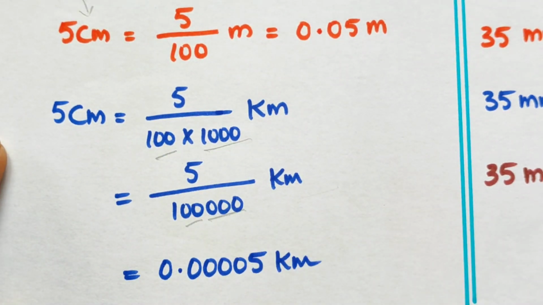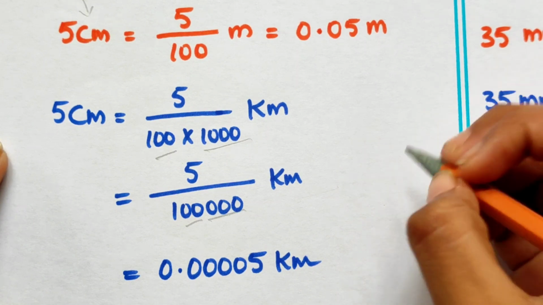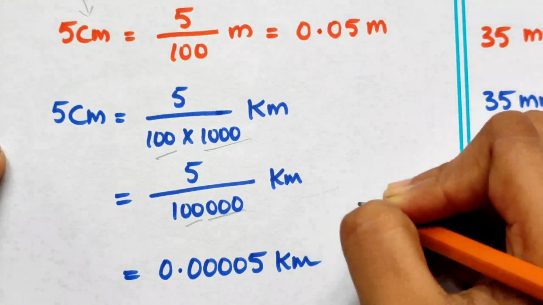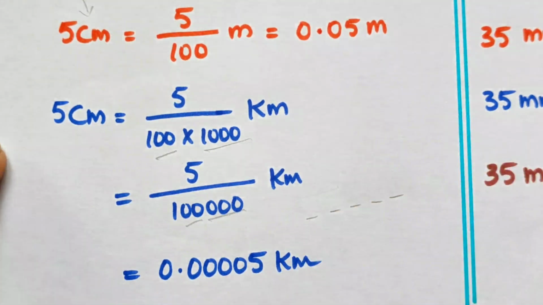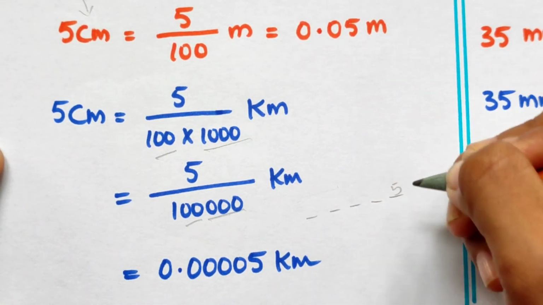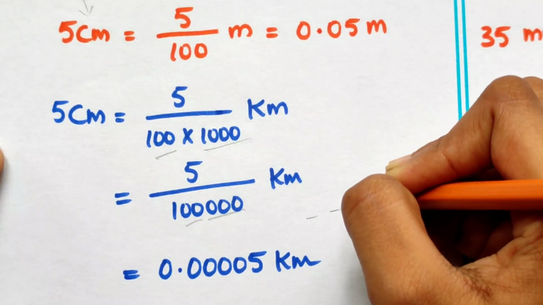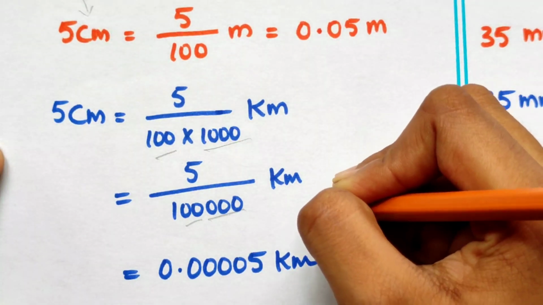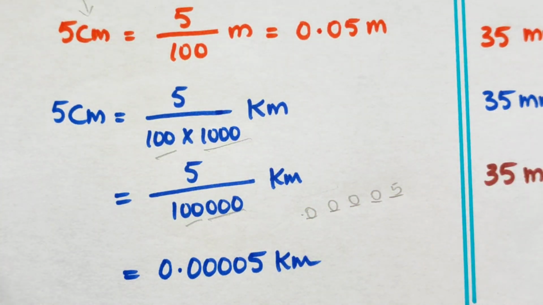Here it is 1 lakh. First 5 by 1 lakh kilometer. Now as there are 5 zeros, let us maintain 5 blanks, and let us write 5 here and put zeros in the blank spaces where there is nothing.